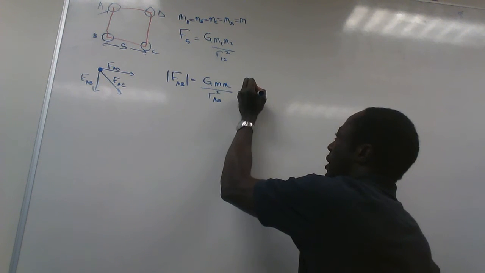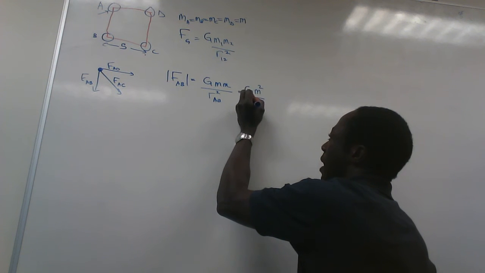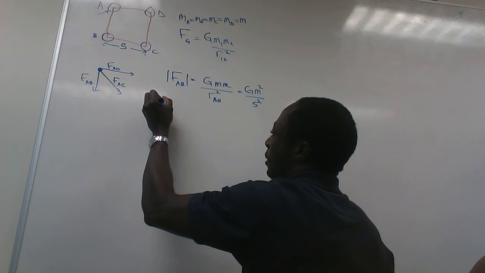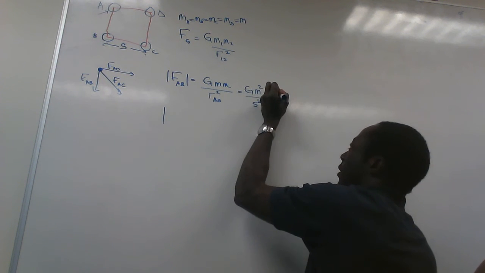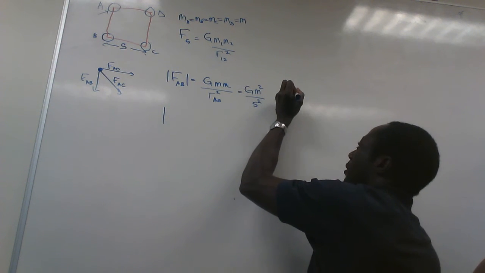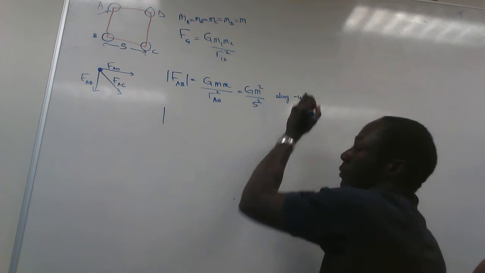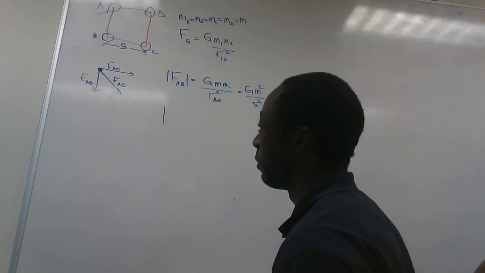So this is equal to GM squared over S squared. This force is along the minus y direction, and we'll come back to this in a moment.